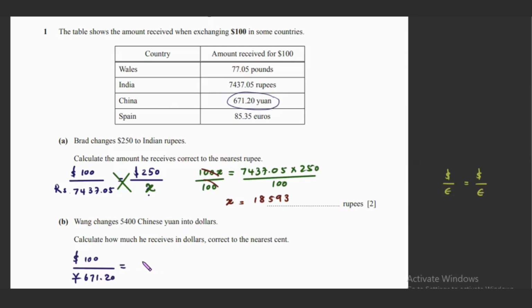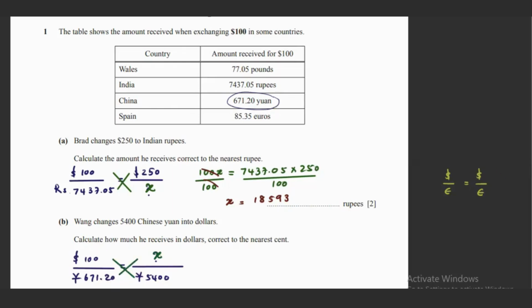This is equal to, so I need to find the amount of dollars he would receive if he changes 5,400 Chinese yuan. So I'm going to put the Chinese yuan here. This is 5,400, and we need to calculate the dollars. I'm going to label this as X because that is what we're trying to find. I'm going to cross multiply to solve this.